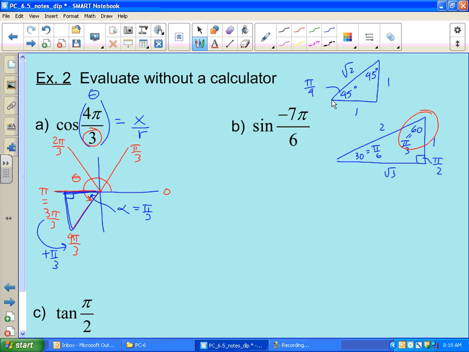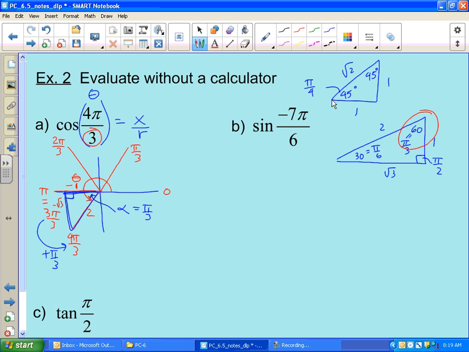There's my triangle. And I'm talking about the cosine of this, which would make our x become negative 1. So this part of my triangle becomes a negative 1. This part becomes a negative root 3. And that part of my triangle becomes a 2.